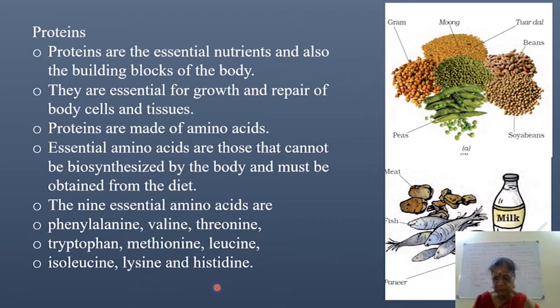Actually, many of our books mention 9, though usually people say 12. These are all essential amino acids.